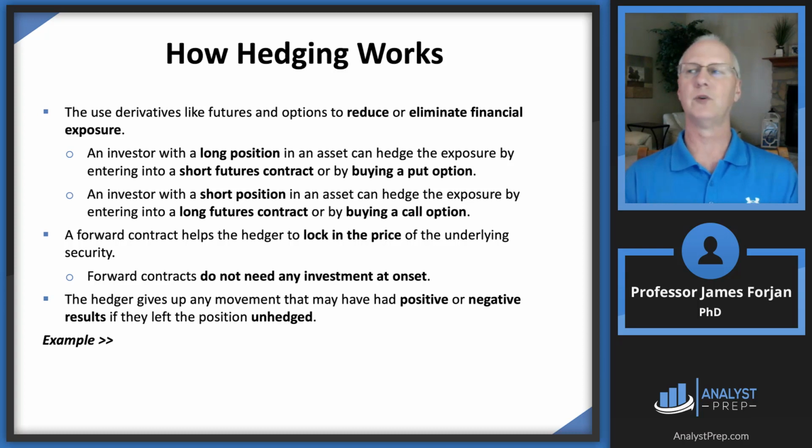I always give my students examples of farmers or oil people, or a company like Southwest Airlines or Kellogg's. Let's suppose you're the farmer and you have 5,000 bushels of corn. What's the worst thing that can happen to you as the farmer? You plant the corn today. You expect to harvest the corn in 2 or 3 months, and you expect to sell it for some amount of money.